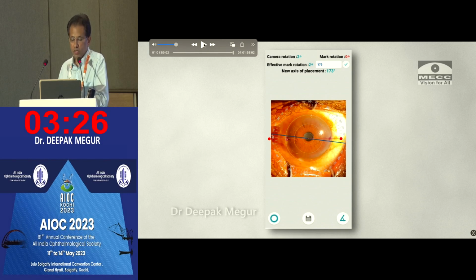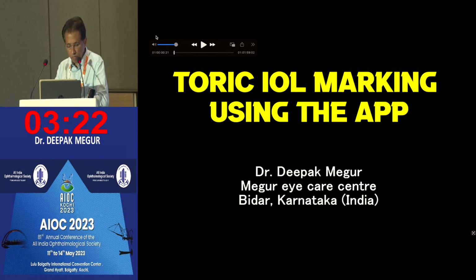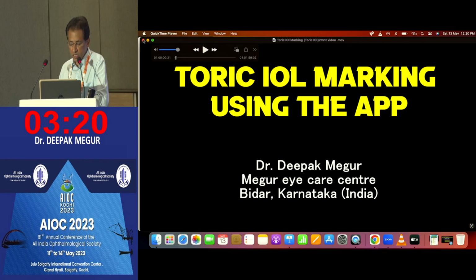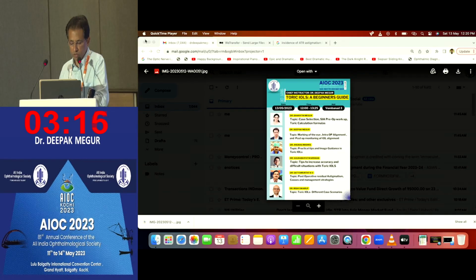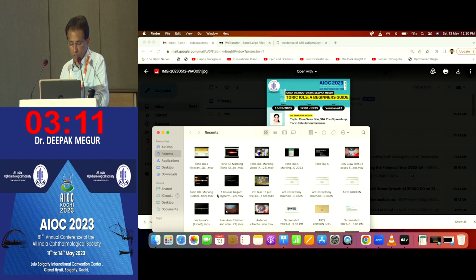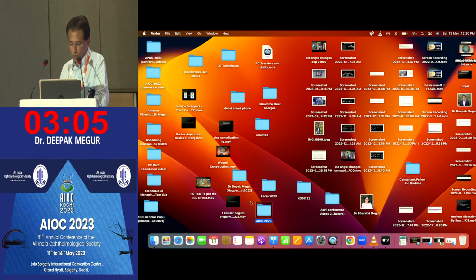The difference would be very negligible. We are using this device, and it has provided us excellent outcomes. I don't find much difference compared to using an imaging device, which are quite expensive.